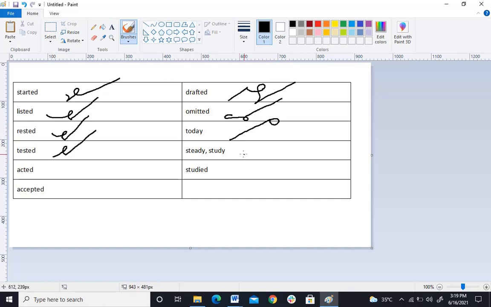Acted. Steady and study have the same stroke, so it's either study or steady. Yan, ganyan yung stroke. Acted. Studied.